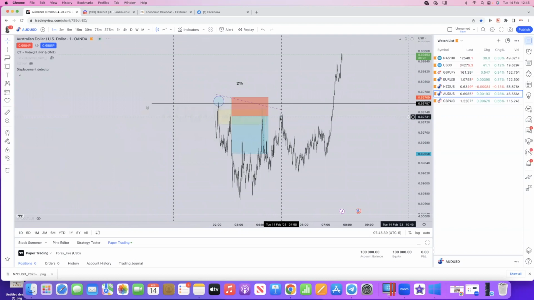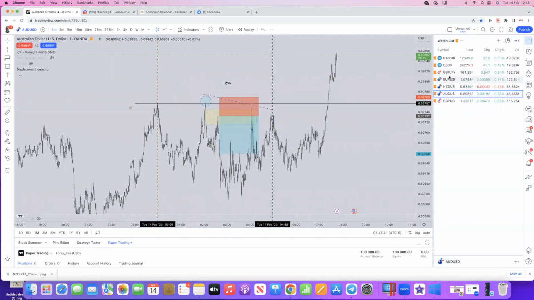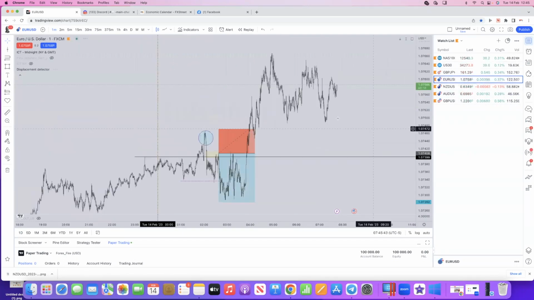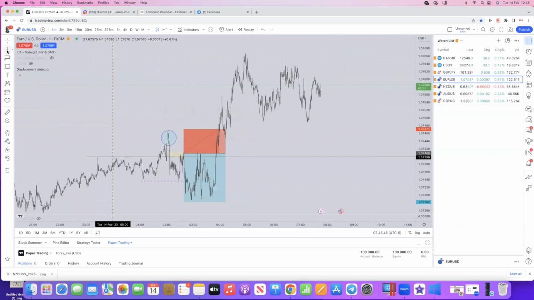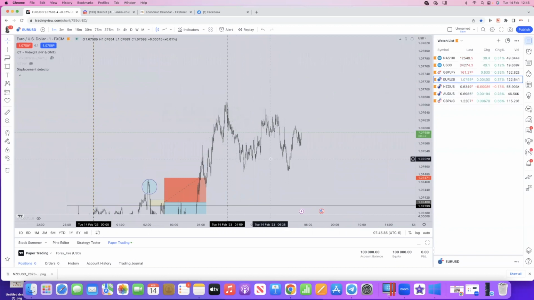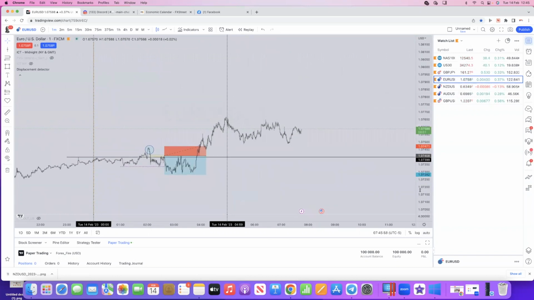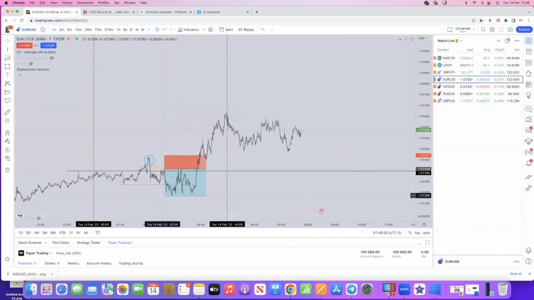Let's try Aussie USD. Euro USD, again on the 4:59, which in London terms would be 8:59. Okay. Today's high and low. So the high hasn't been taken out of today's high or low with that consolidation.